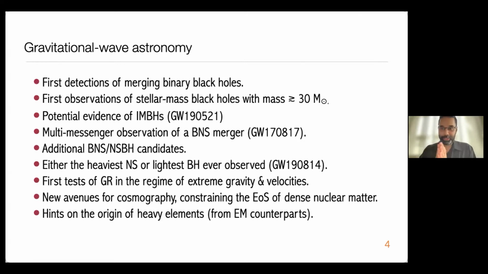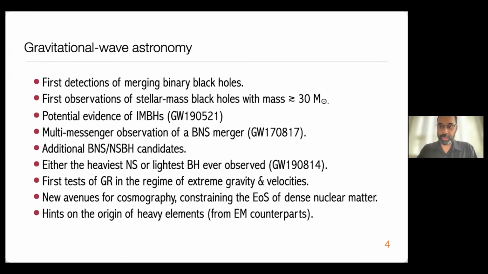So apart from these observational highlights, these populations of detections have enabled us to perform some very interesting tests of GR, some of the first tests of GR in the regime of extreme gravity and extreme velocities. These have provided new avenues for mapping out the cosmic expansion history, constraining the equation of state of dense nuclear matter, and so on.